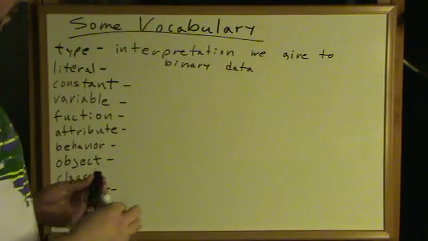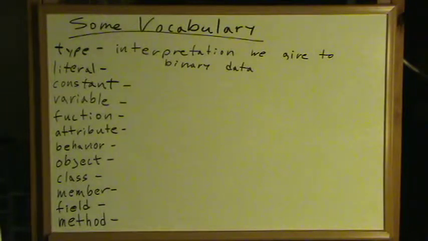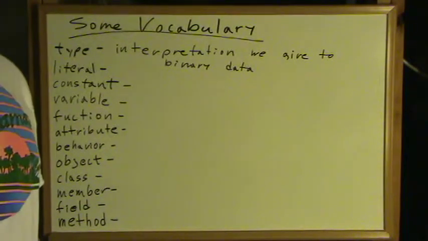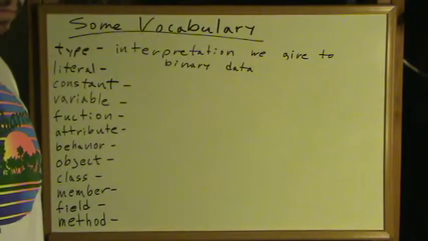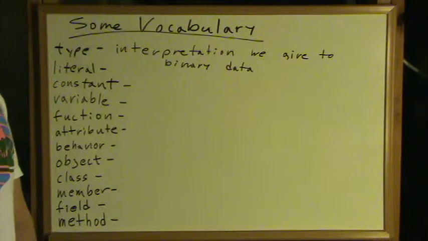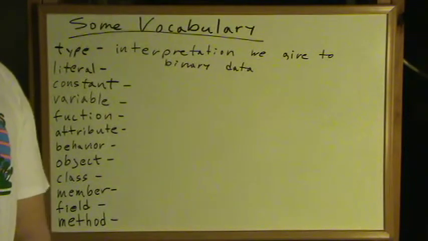Okay. Now, if you remember, binary is zeros and ones, and that's all the computer knows. And it turns out that we use zeros and ones to represent any kind of data that the computer can use.